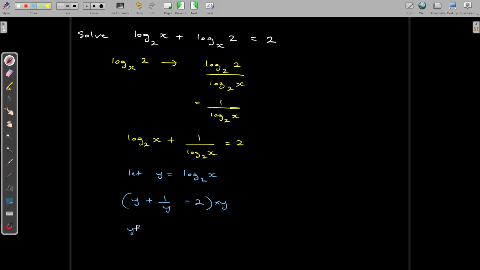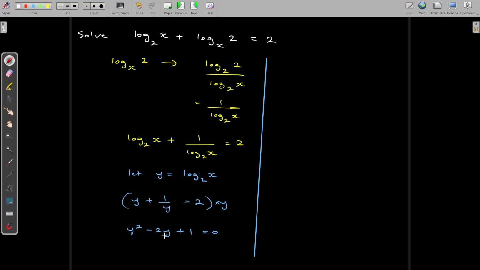So y squared minus 2y plus 1 is equal to 0. Alright, so that's what we have, and we need to solve that quadratic.